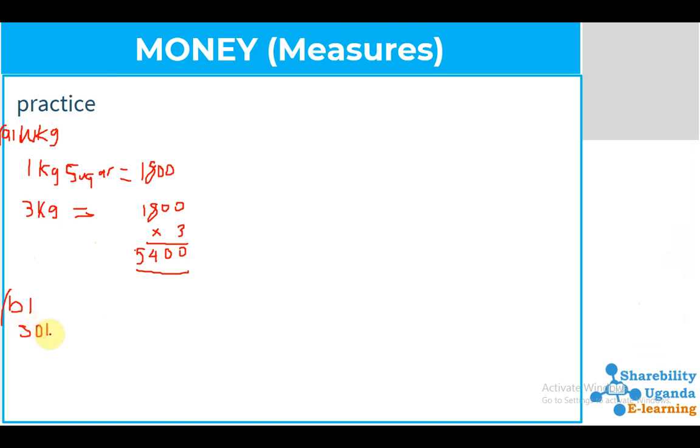Solution is going to be equal to 1 kilogram of maize flour, 1 kilogram of maize flour is equal to 1,200.